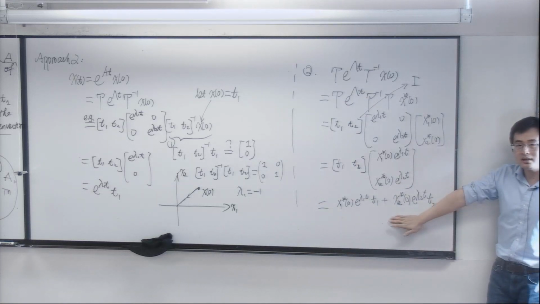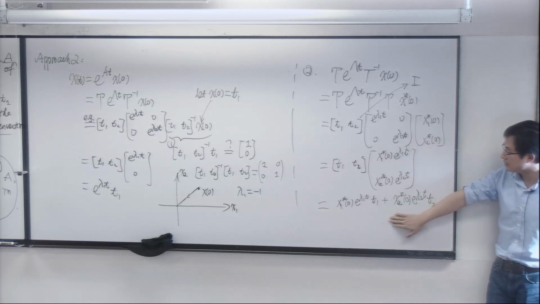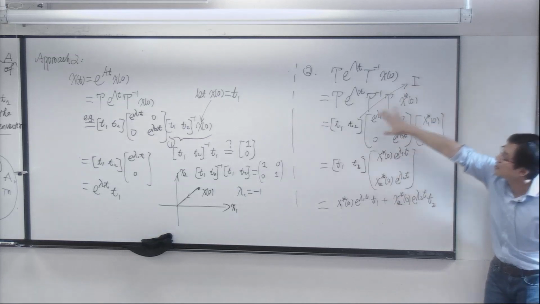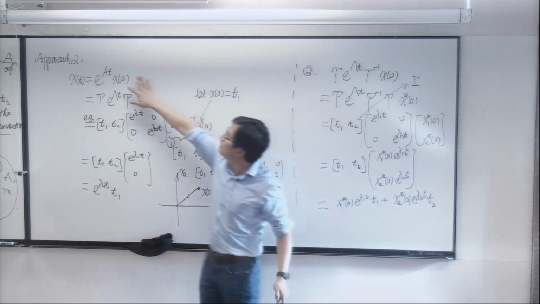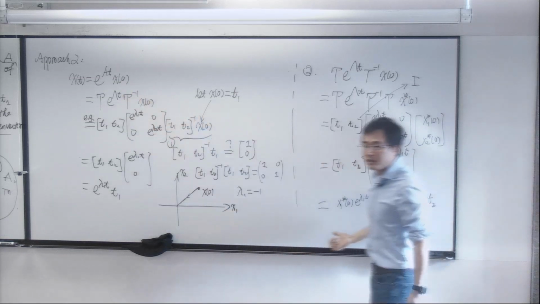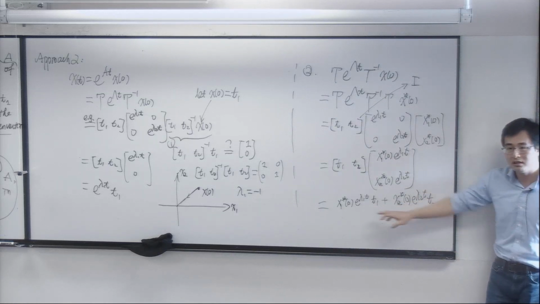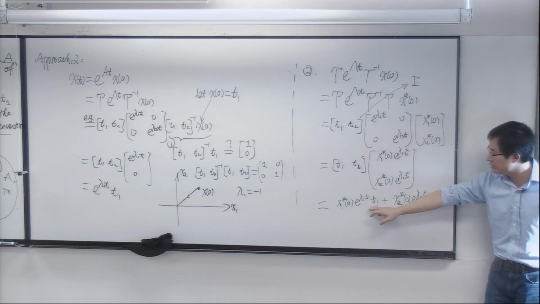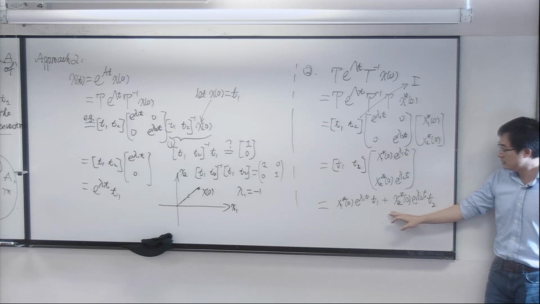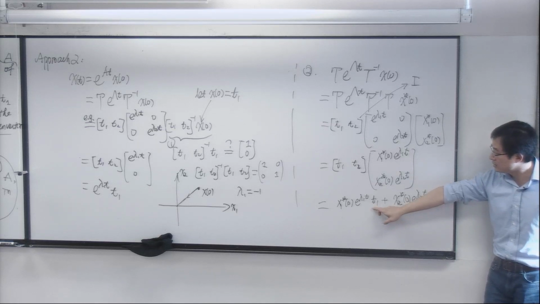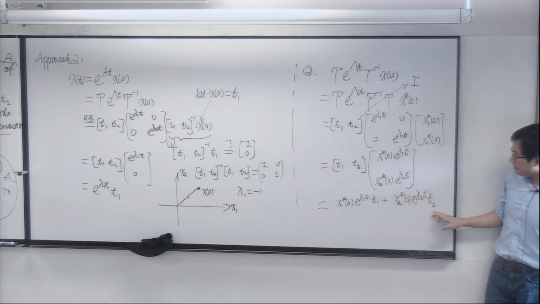So you can clearly see from this result that my free response is decoupled into these two vector additions. The first vector is along the direction of t1. The second vector is along the direction of t2.